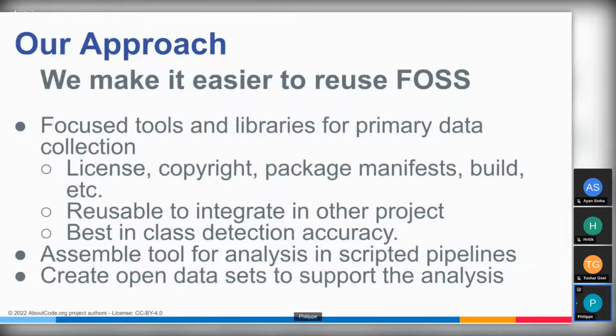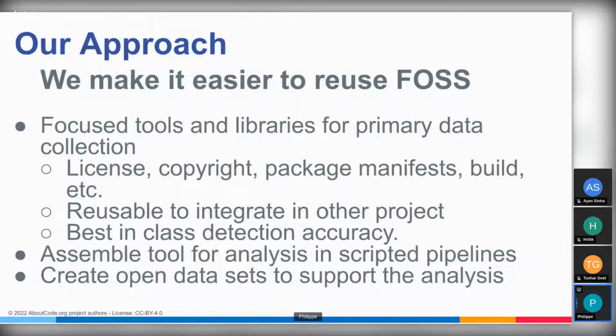So our approach: we're trying to make it easier to reuse open source code. And we're creating both tools and libraries with a focus essentially on primary data collection. It means collecting the raw material that can then be used for other purposes, or collecting and assembling primary data in a database.